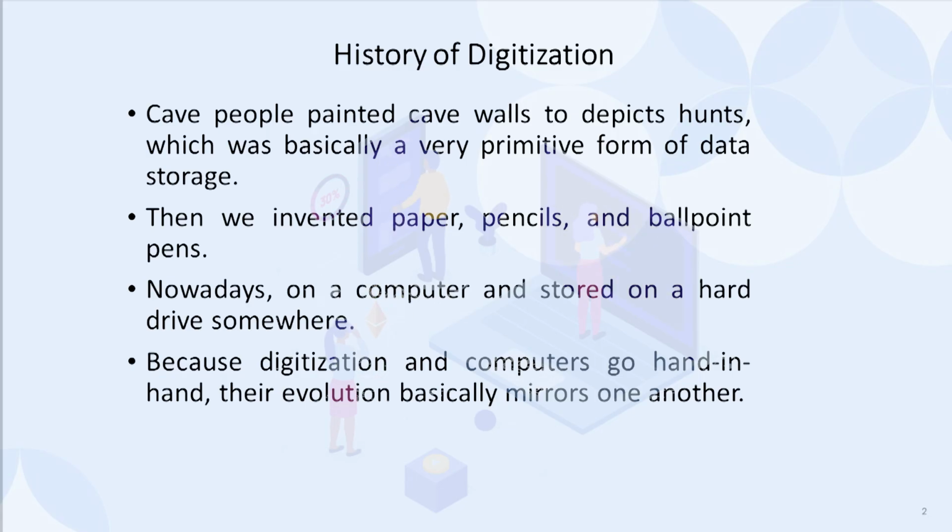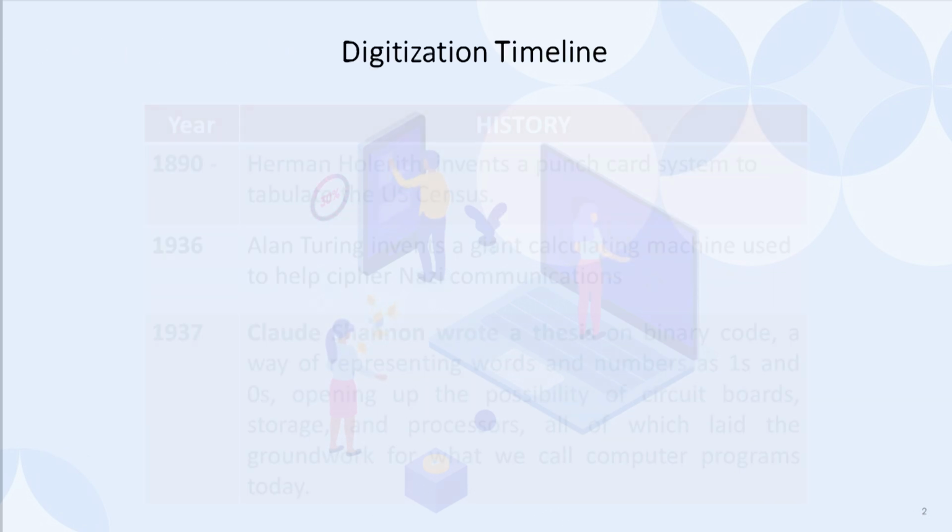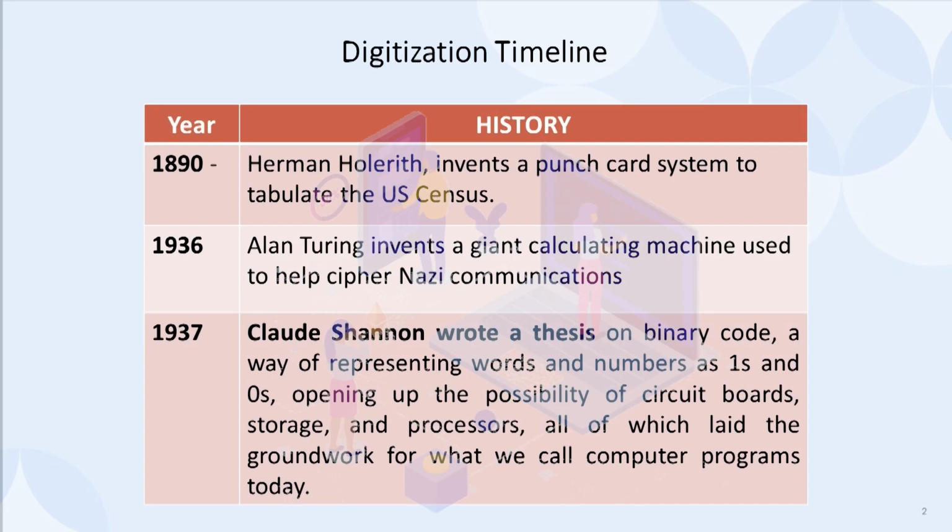Because digitization and computers go hand in hand, their evolution basically mirrored each other. If I look at the digitization timeline, it started in 1890. A man named Herman Hollerith, founder of a company that would become IBM, invented a punch card system to tabulate the US census.